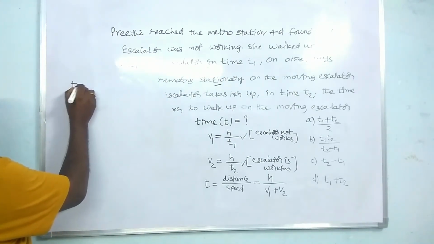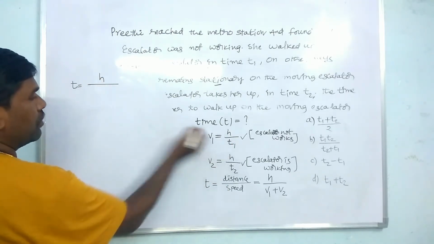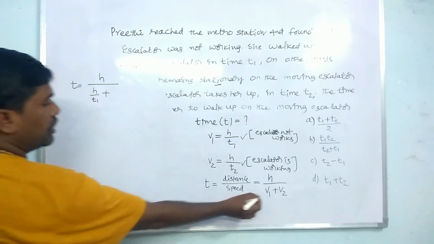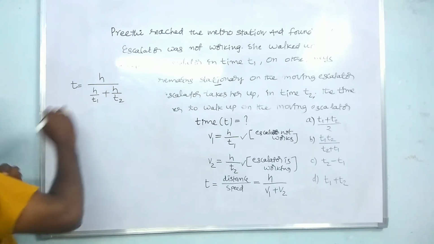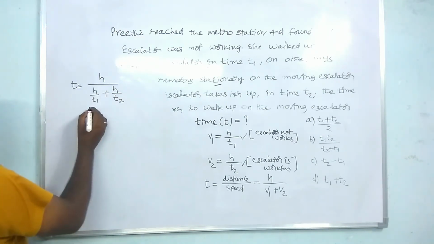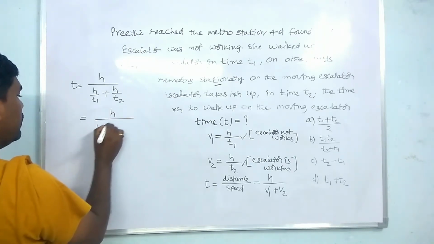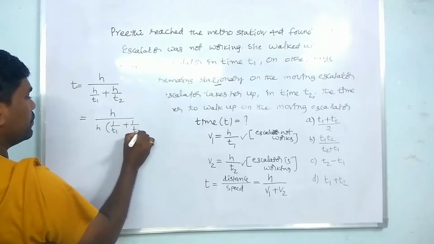Therefore t is equal to distance by v1 plus v2, which is h by t1 plus h by t2. Right? Let us simplify here, where h will be common. Here it is 1 by t1 plus 1 by t2.